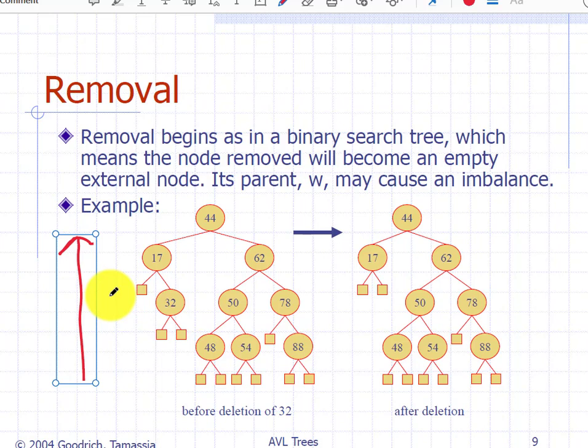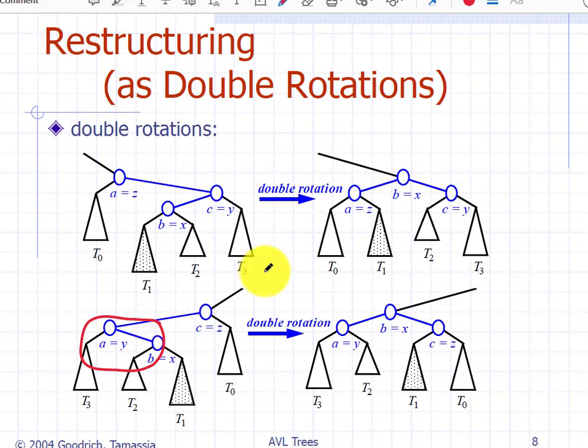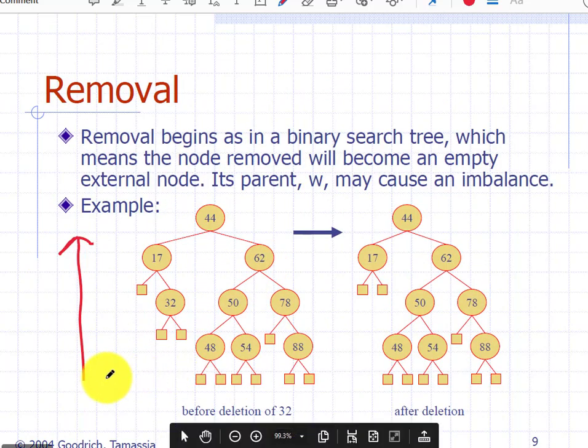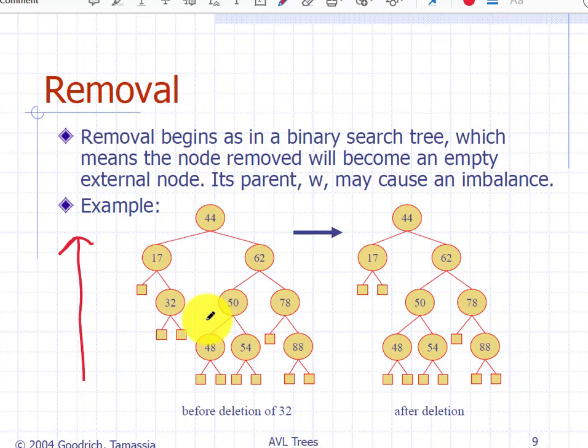K is a constant, which is just moving the arrows around for the restructuring. But you'll only ever need to perform log n of those, because you would assume that before you perform the removal, your AVL tree is balanced. Because remember, after adding things in, you're balancing. After removing things, you're balancing. So your AVL tree will always be balanced.